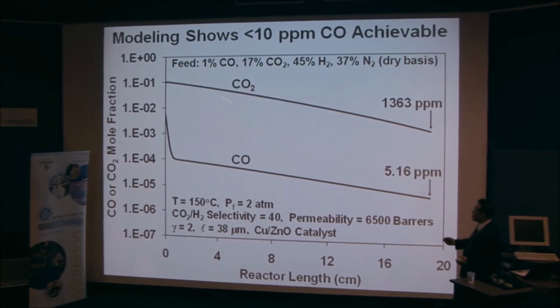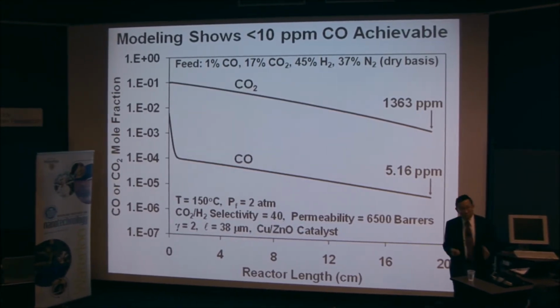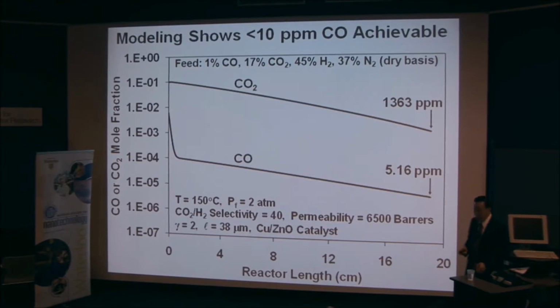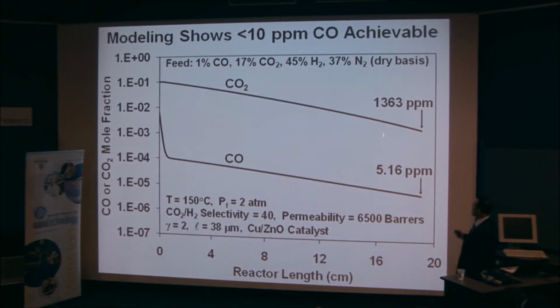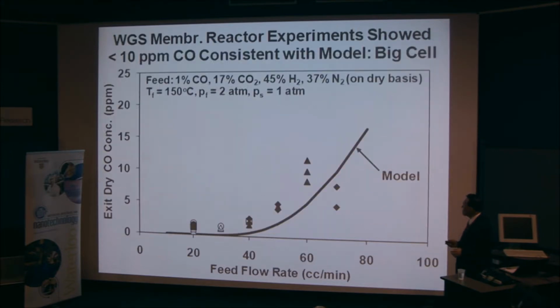The reason we can achieve that is really through the removal of CO2 by the membrane, and that drives the water gas reaction. Usually we remove CO2 from 17% to less than 1400 ppm. So on paper, that looks good.